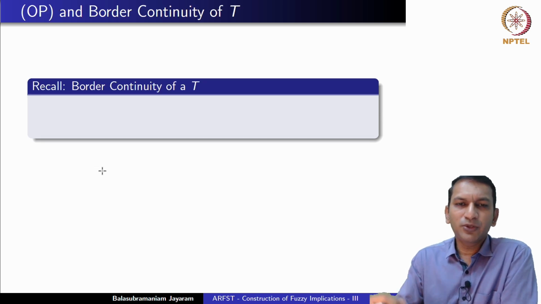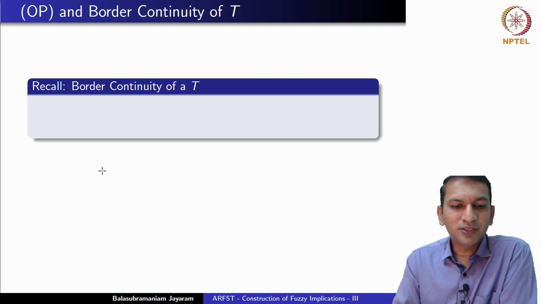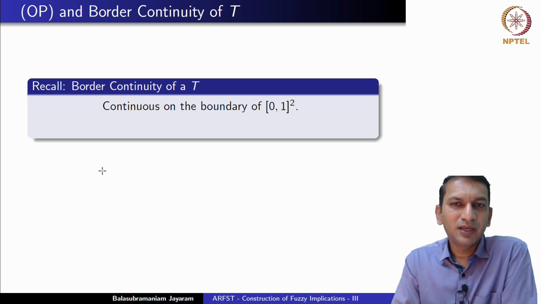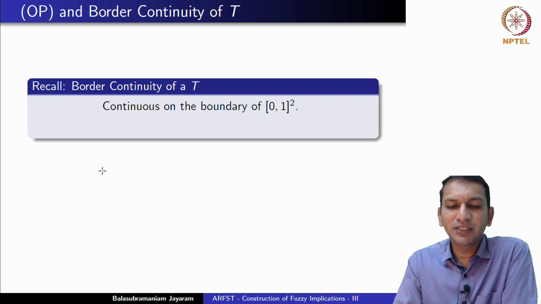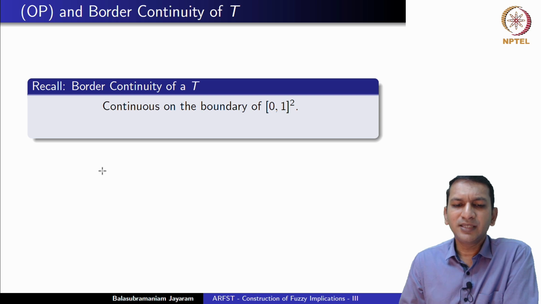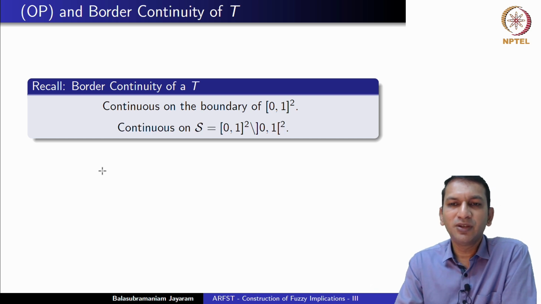With respect to the ordering property, let's recall what we defined as border continuity of a T norm T. We said a T norm is border continuous if it is continuous on the boundary of the [0, 1] square, on the unit square. Essentially, it means it should be continuous on this set.